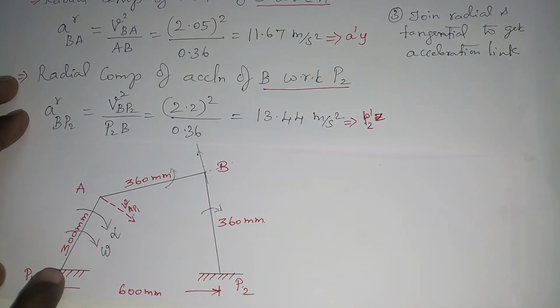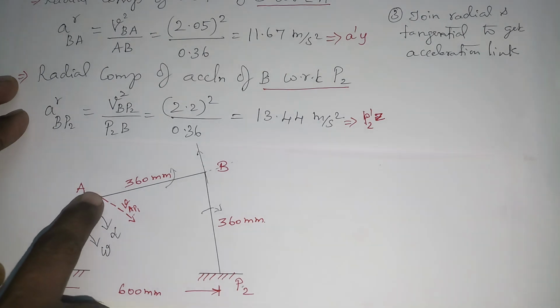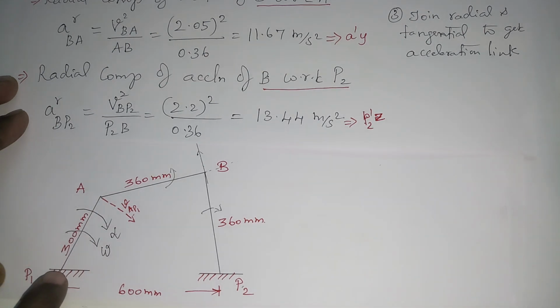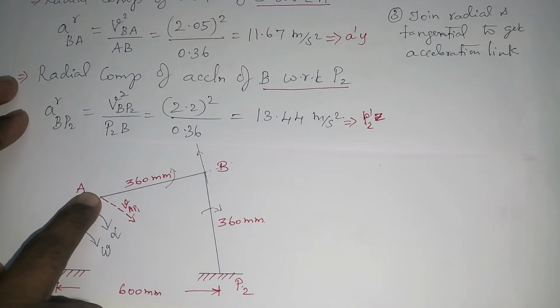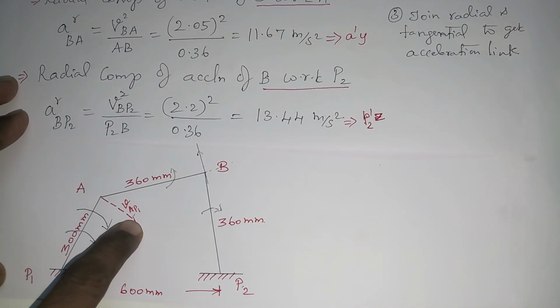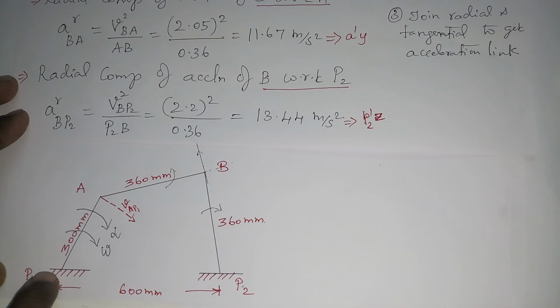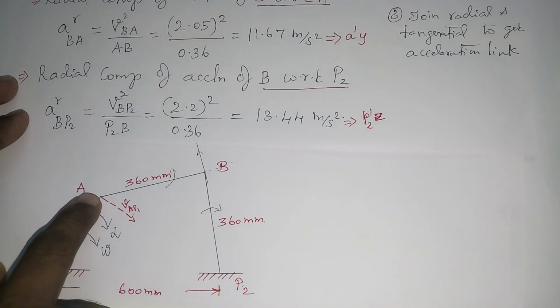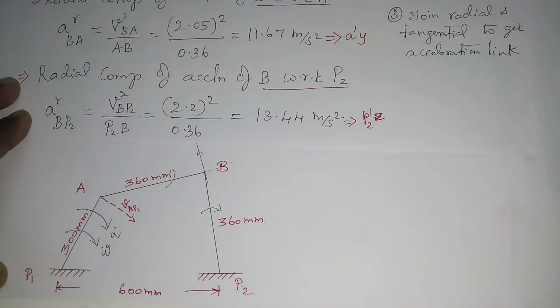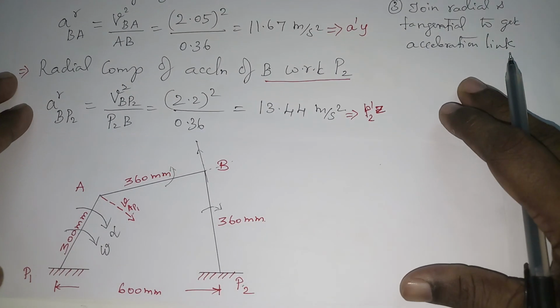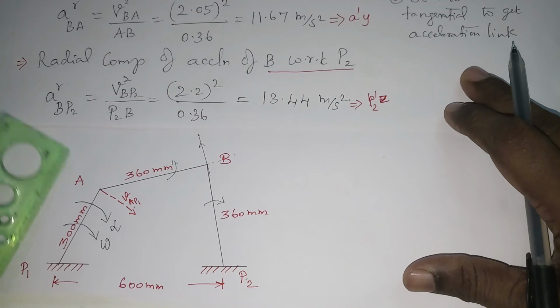So what I am going to do is I am going to assume the radial component as x a dash, from here to this end I am going to consider it as p1x. Okay, for radial component I am going to consider p1x, and from here to here I am going to consider it as x a dash. Okay, so let's start drawing the acceleration diagram.